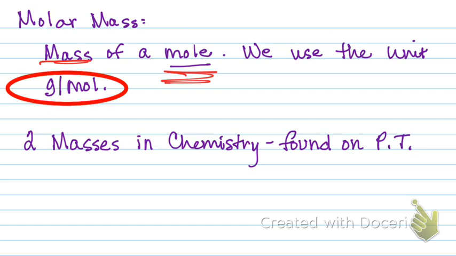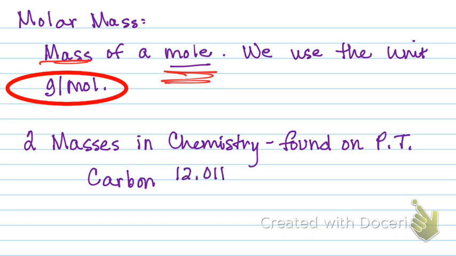Let's look at carbon, for example. If you look at the periodic table for carbon, the mass that is listed on the periodic table that I have in front of me is 12.011.